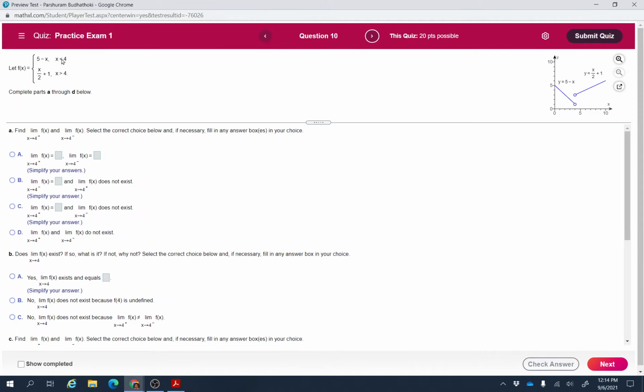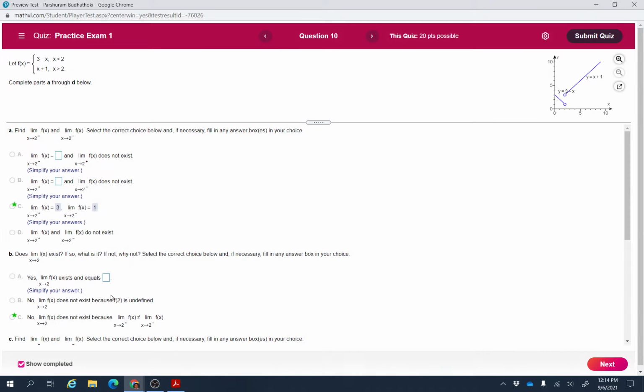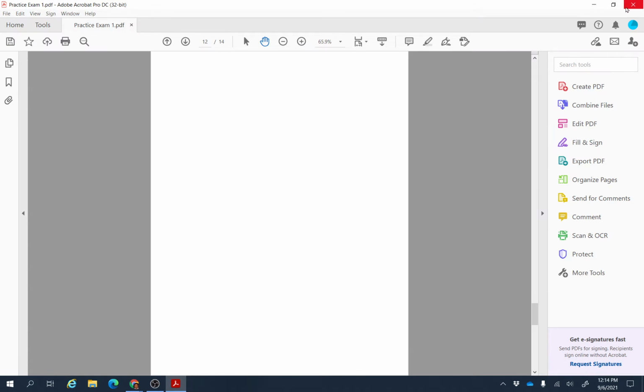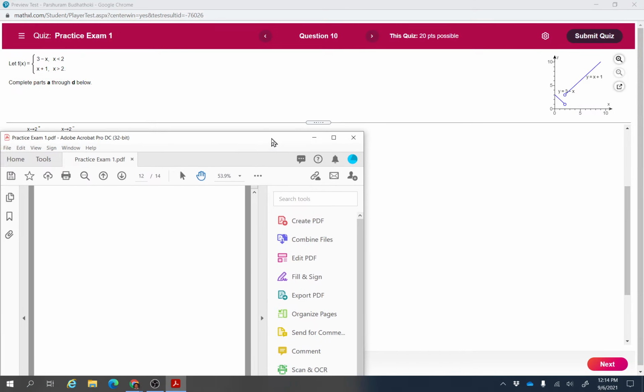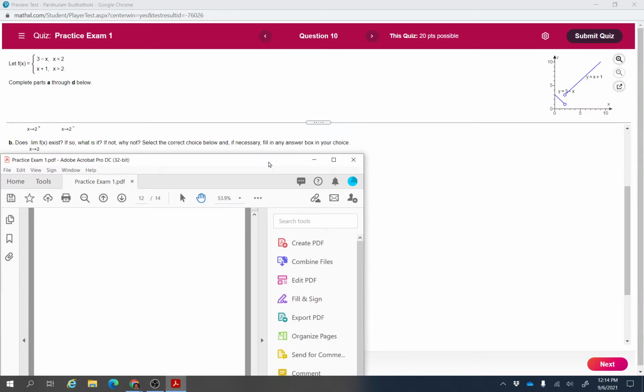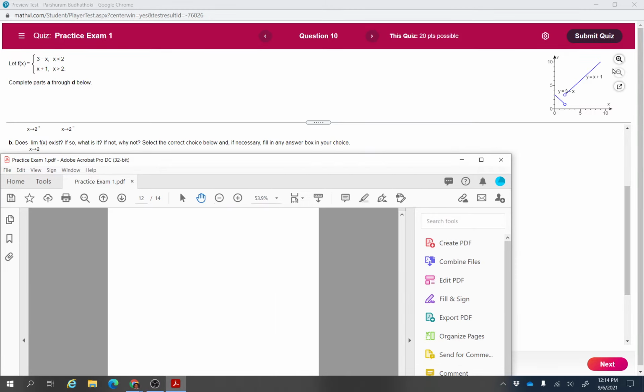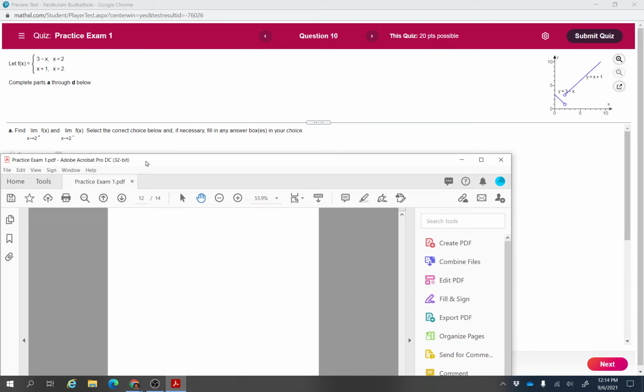This is the graph. We need to find out this answer. This is the graph, and first one, find the limit of the function when x approaches 2 from the right side.